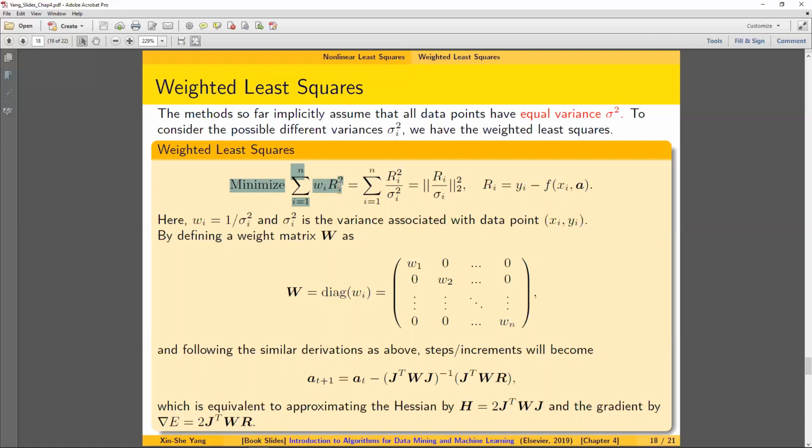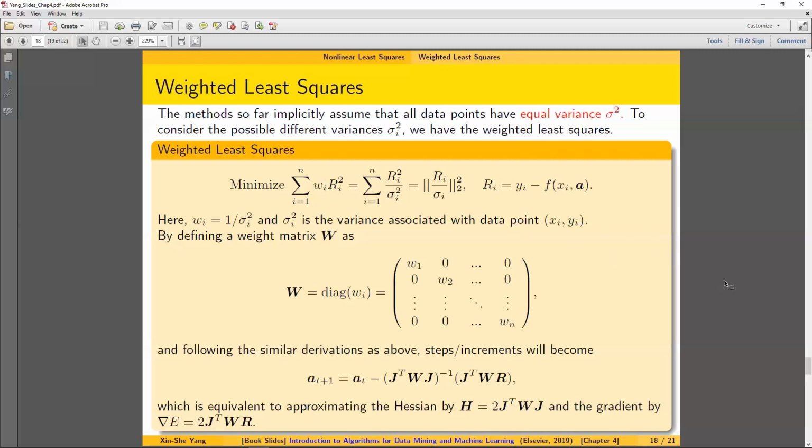And then we can further reduce to this form, which is identical to what we discussed. Essentially, we use the weight being 1 over sigma_i squared, so that can be reduced to this form. Each weight is 1 over sigma_i squared.